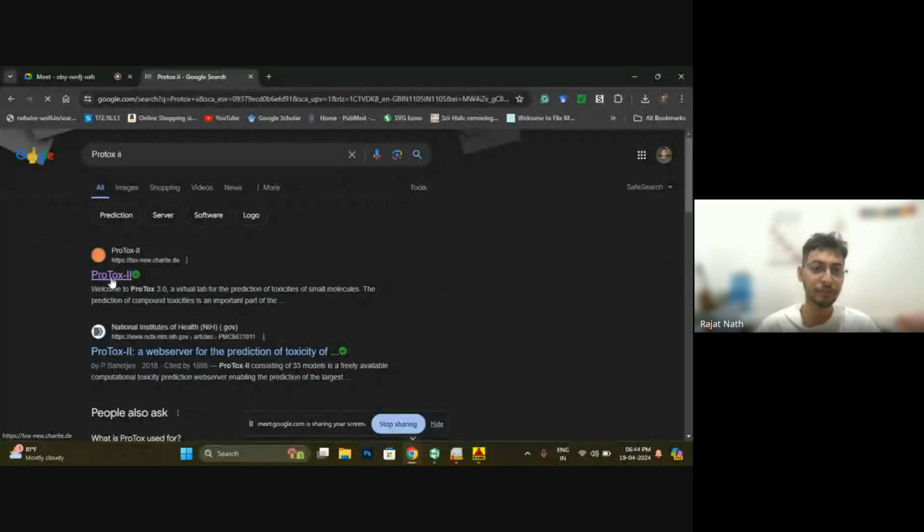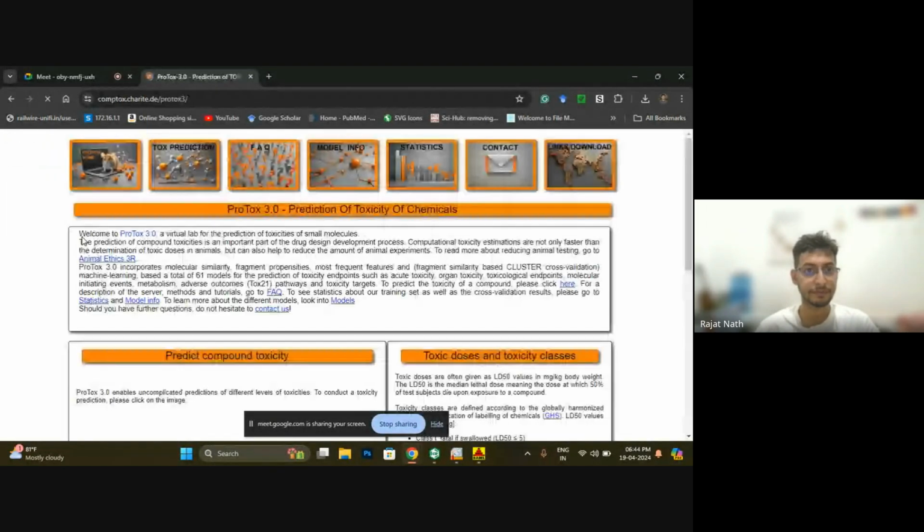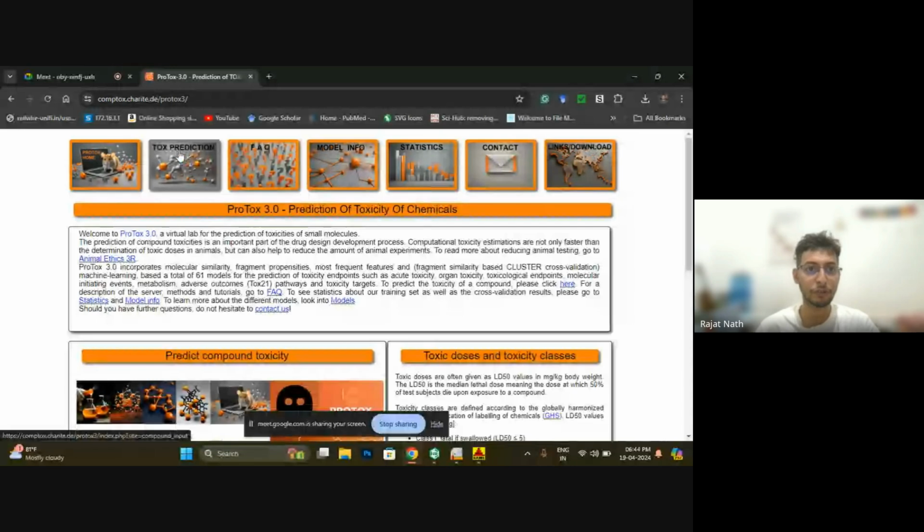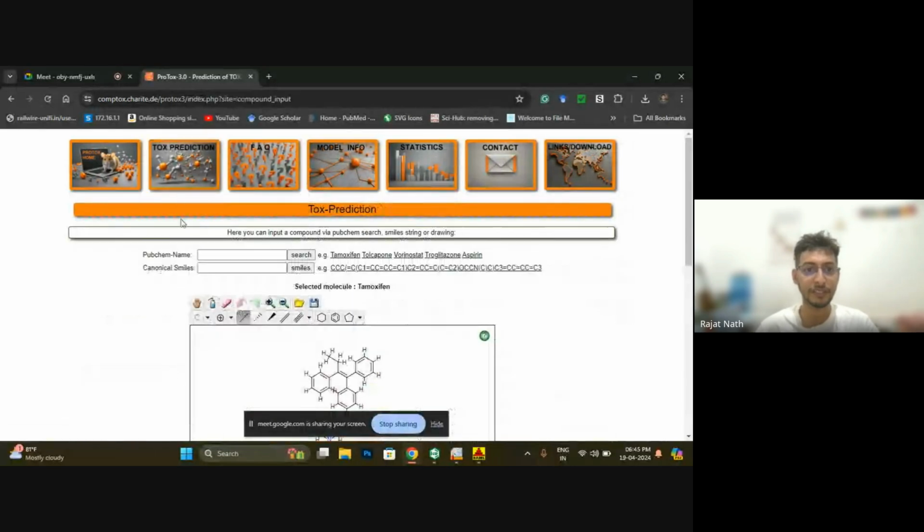This is the TOX2 server. Then we go to toxicity, then paste the canonical SMILES.